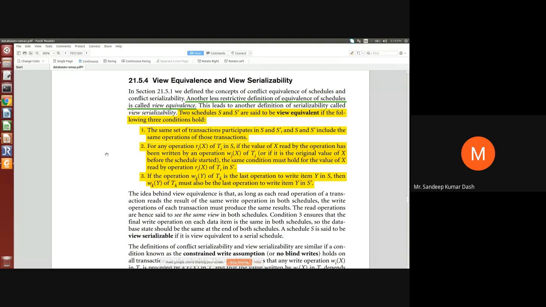Okay, the first case is, if you are having an interleaved schedule and you are comparing it with the corresponding serial schedule, then both of them should have the same number of transactions. That means in the previous way where you are comparing this thing.